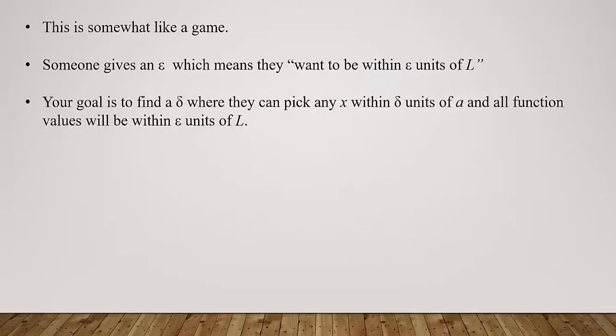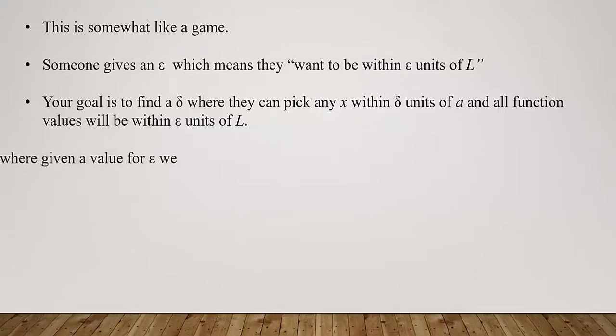Then your goal is to find the delta, where they can pick any x that's within delta units of a, and all the functional values will be within that epsilon units of L.